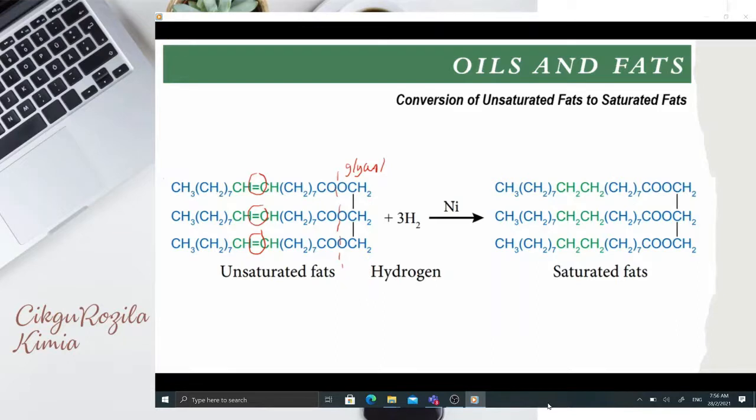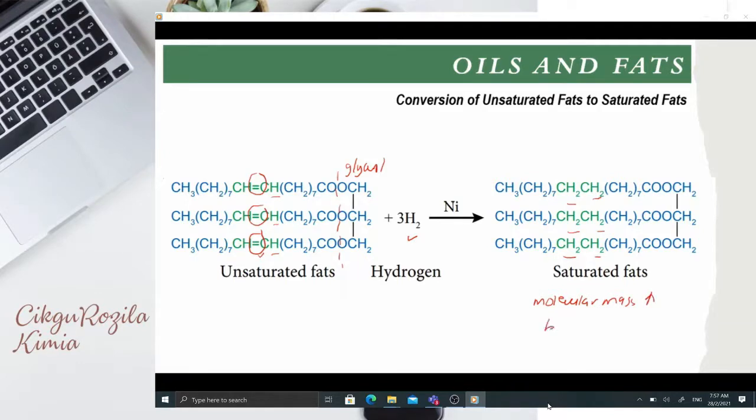When hydrogen is added into the molecule, the double bond will be broken. So kalau kita tengok kat sini, double bond dah tak ada. Daripada H1 dia dah tukar jadi H2 because the hydrogen atom from the hydrogen gas has added into the molecule. So semakin banyak hydrogen atoms added into the fats or oils molecules, so the molecular mass will increase.